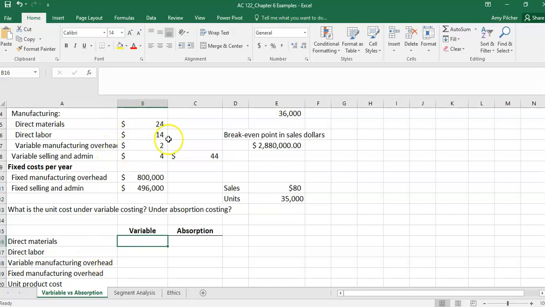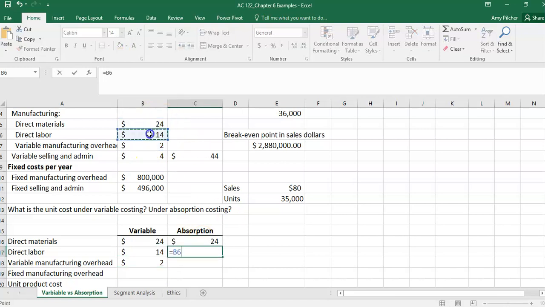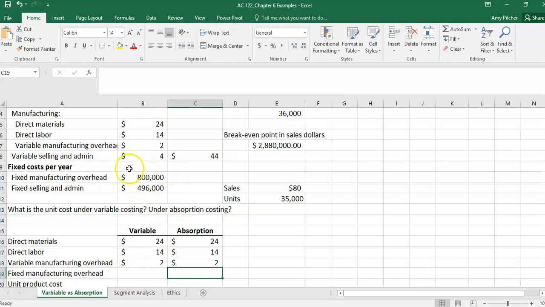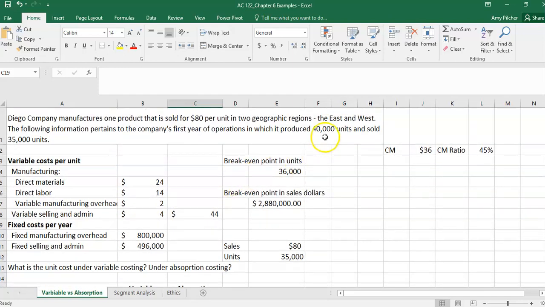So we'll bring our information from up here where we have our variable costs for direct materials, direct labor, and variable overhead. And then for fixed manufacturing overhead, we need to change this 800,000 to a per unit cost. So we had total fixed manufacturing overhead of 800,000, and that was to produce 40,000 units.